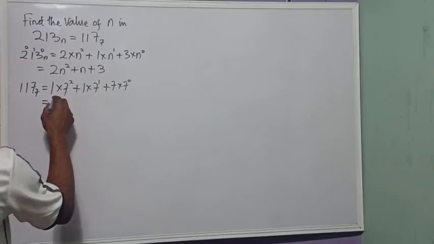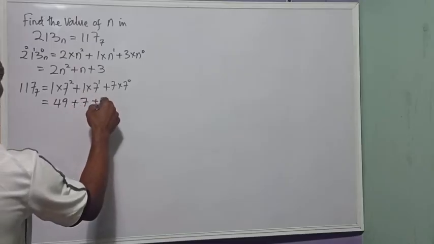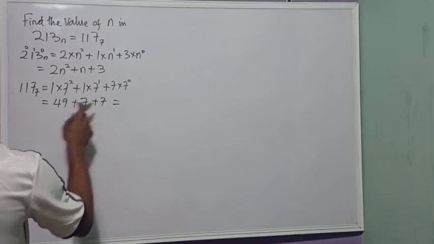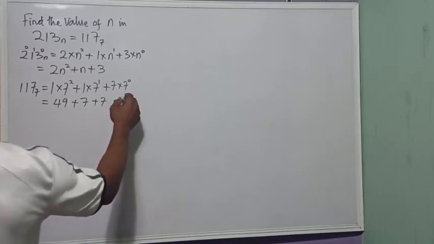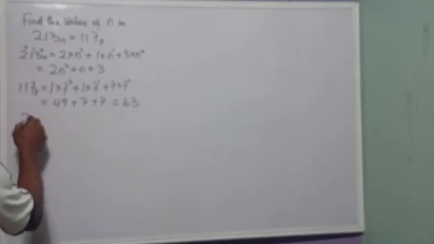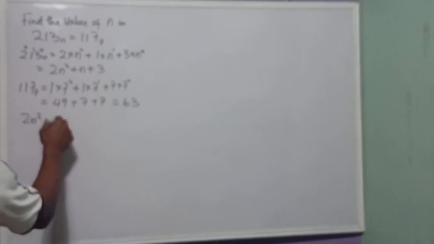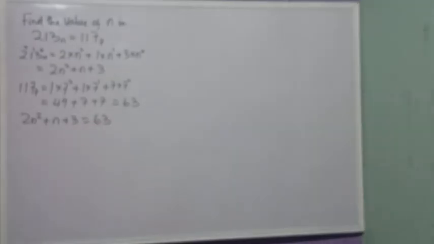So this gives us 49 plus 7 plus 7, which gives us 49 plus 14, which is 63. So equating these two, we have 2n squared plus n plus 3 equals 63. Now, all are in base 10.